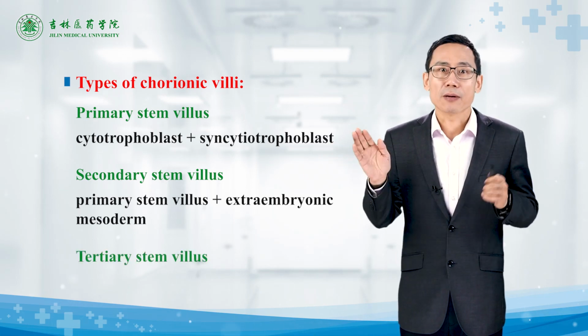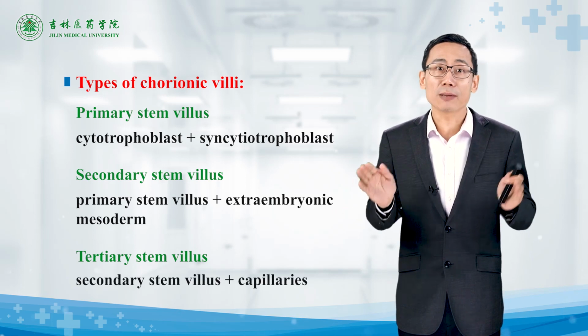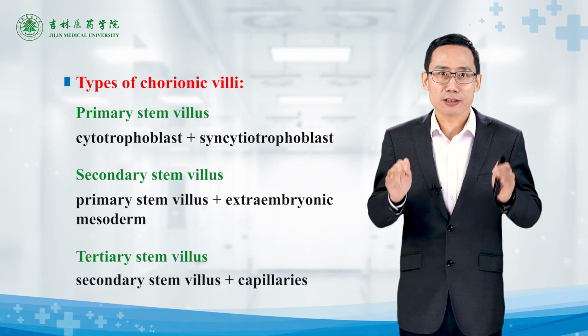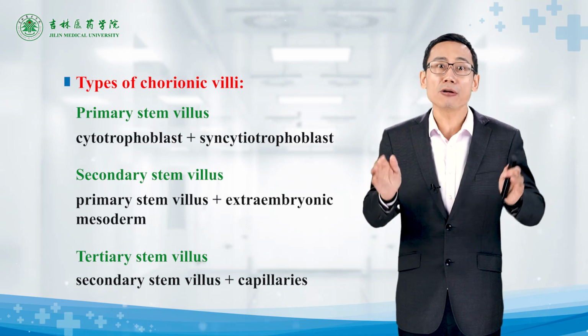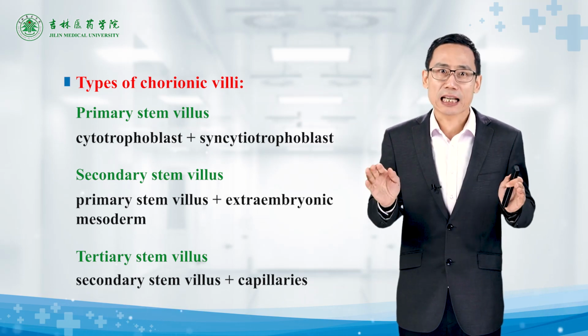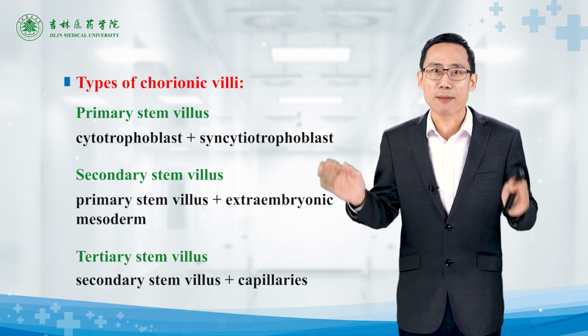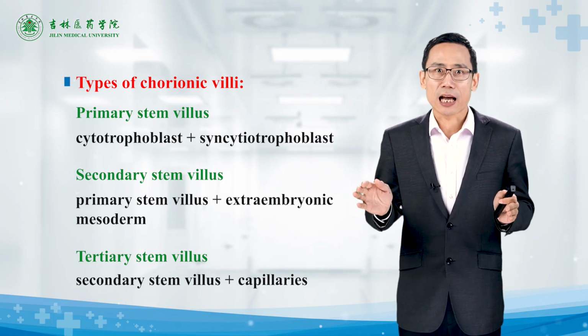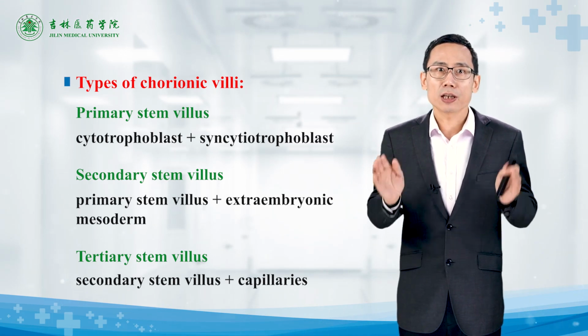After that, the mesenchyme of extraembryonic mesoderm in the stem villus differentiated into connective tissue and blood vessels, and connected with the blood vessels in the embryo. At this time, it was renamed as tertiary stem villus.